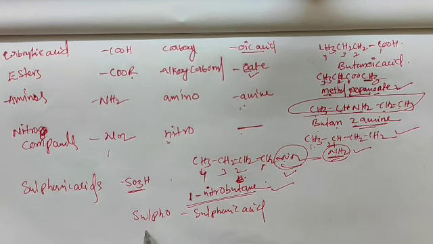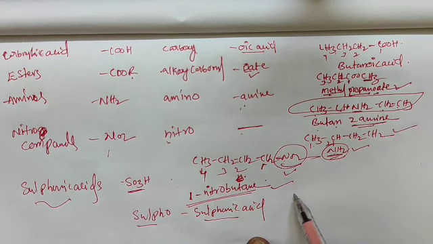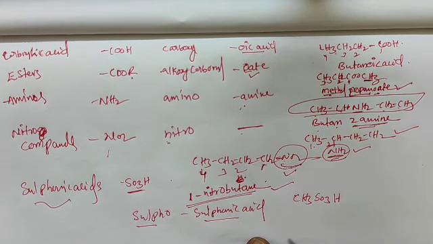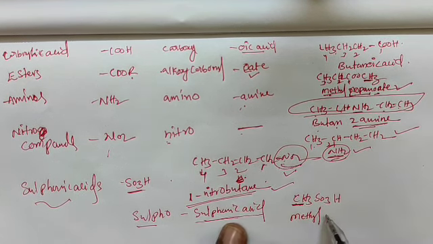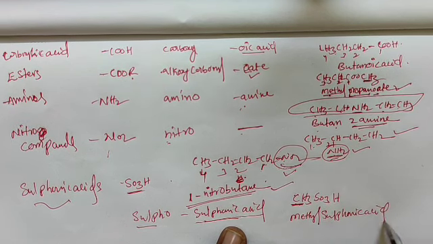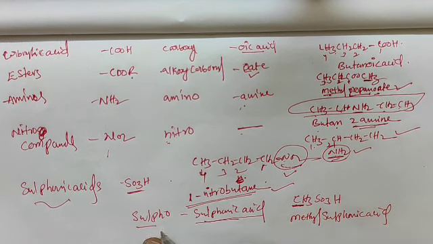Both prefix and suffix exist for sulfonic acids. Example: CH3SO3H, this is a sulfonic acid. How many carbon atoms? Only one, so the root word is methyl. Fully we write methyl sulfonic acid as a suffix. If it is a prefix, sulfo will come.